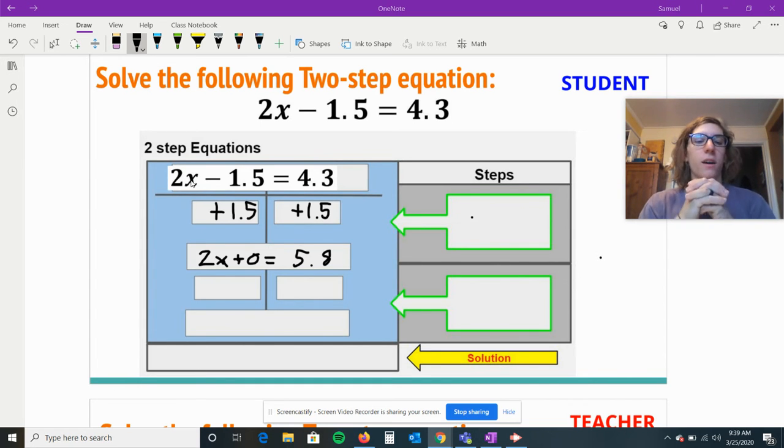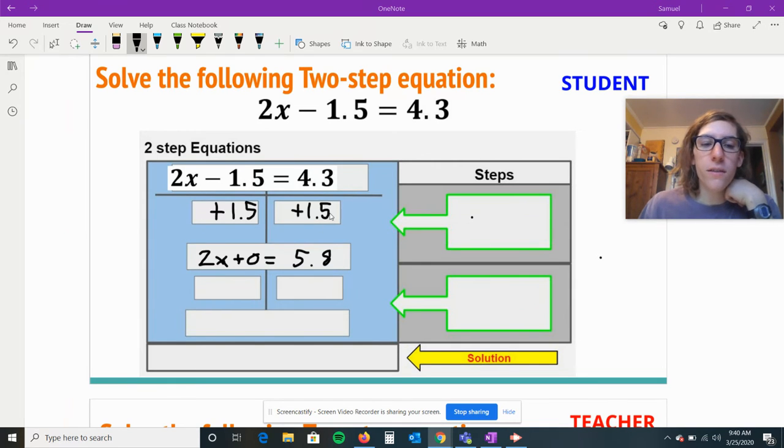So the opposite of subtracting, we can see here first, would be adding, right? So if we want to get this x by itself, we need to do either reverse PEMDAS, think of it that way, or this 2 is tied up with this x really, really close, right? They're multiplying, whereas this is just over here on its own. So it's going to be easier to get rid of the 1.5. That's how you can know that that's where to start.